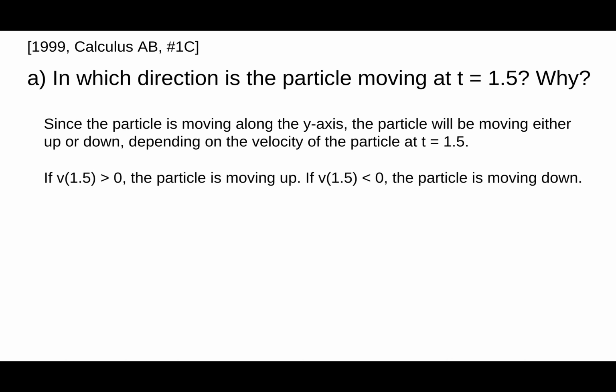If the velocity at 1.5 is greater than 0, that indicates that the particle is moving up. If the velocity at 1.5 is less than 0, that indicates that the particle is moving down.